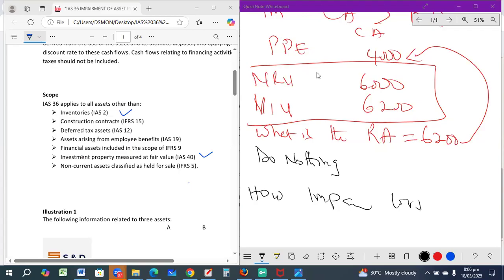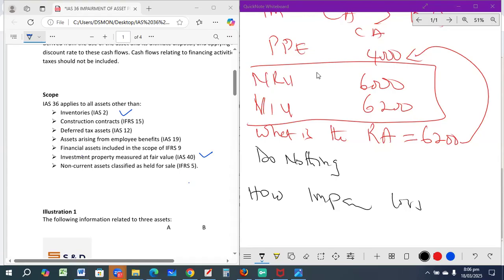So what are the sources of impairment? Wear and tear. Okay. Somebody is saying that an asset can be impaired where there is wear and tear. Yes, when an asset is being damaged.